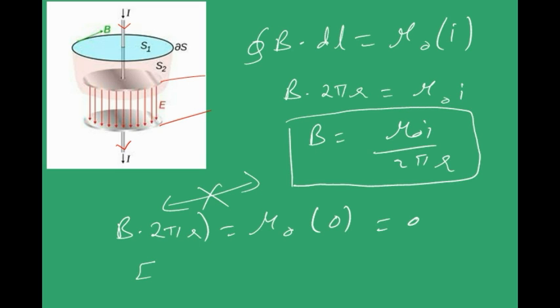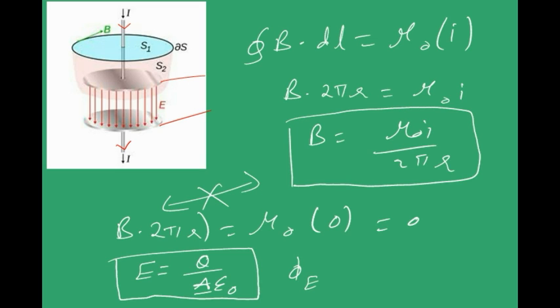Let us write what we discussed now. Electric field inside those capacitor plates is given by Q, that is the charge on plates, by A epsilon naught. We discussed this while we were discussing capacitors. A is the area of the capacitor plate, and epsilon naught, as you know, is a constant. Now, if this is the electric field, what will be the electric flux?